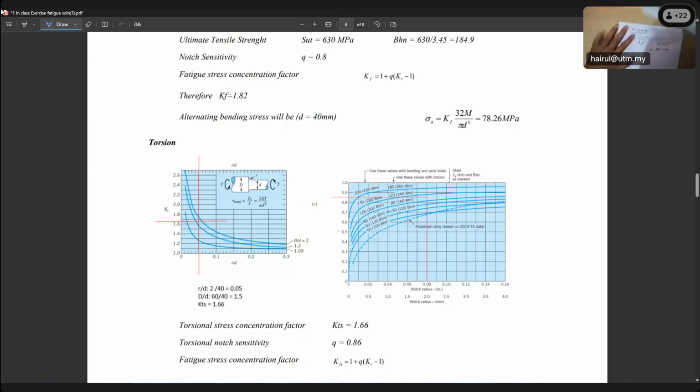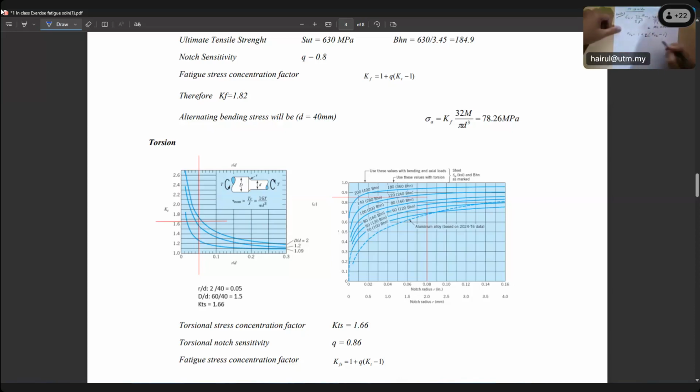Remember, at the shoulder we have a stress concentration factor, but we are dealing with fatigue stress, so the fatigue stress concentration factor. The equation here, because this is bending: the fatigue stress concentration factor for bending, KF bending, equals 1 plus q, the notch sensitivity based on bending, times KT bending, the static stress concentration factor based on bending, minus 1.